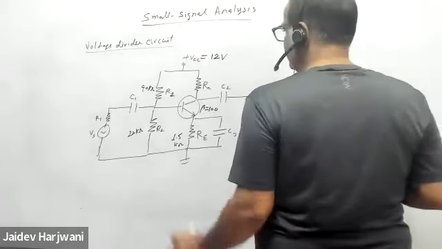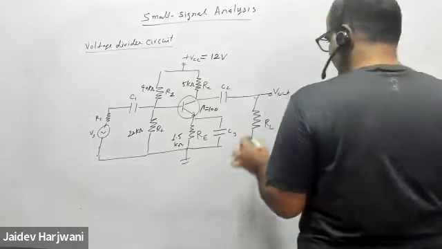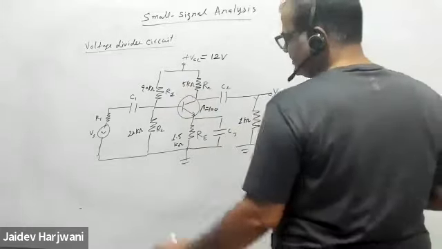RC is 5 kilo ohm, RL is 1 kilo ohm, RS is 1 kilo ohm.